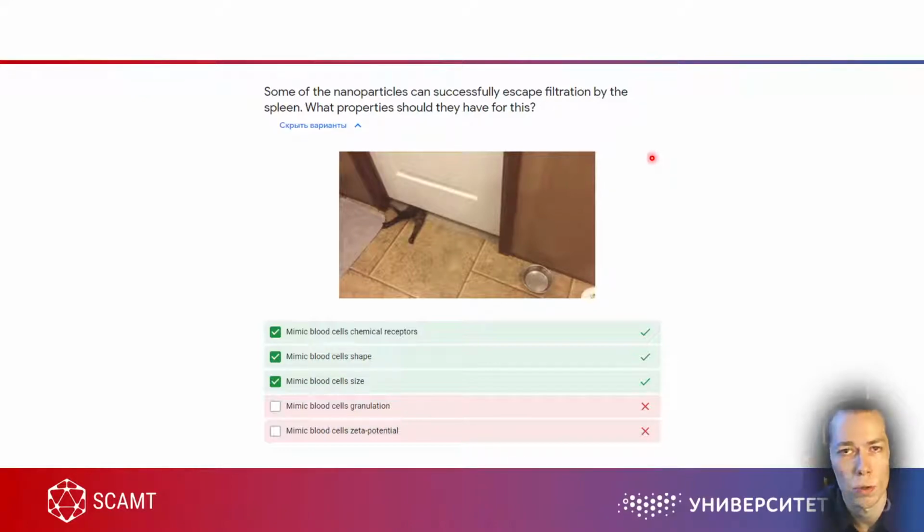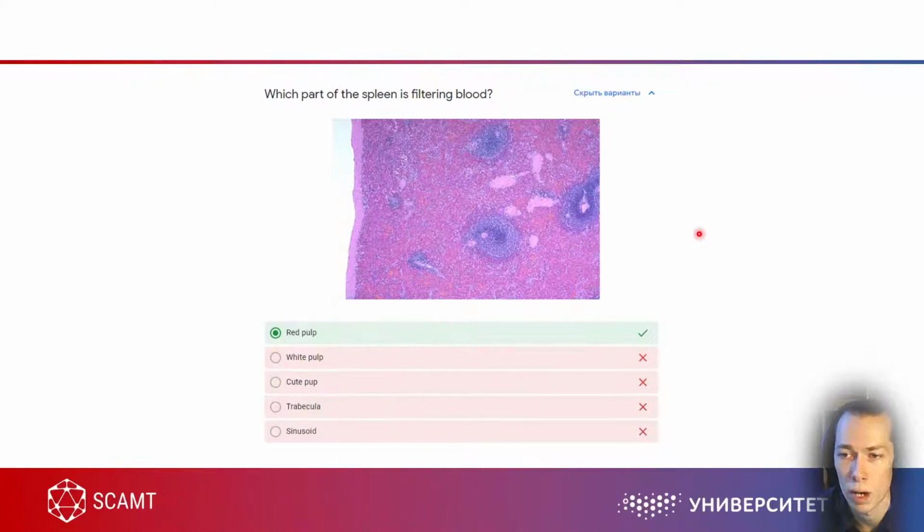And since there are a lot of macrophages in the spleen, they definitely need to mimic some chemical receptors to avoid uptake by macrophages. To be honest, there were 5 options, and only 3 make some sense, because blood cell granulation is definitely some granulation of cells, but there is no way to mimic this granulation, and there is no zeta potential of cells at all. So it was just 3 correct options out of 5.